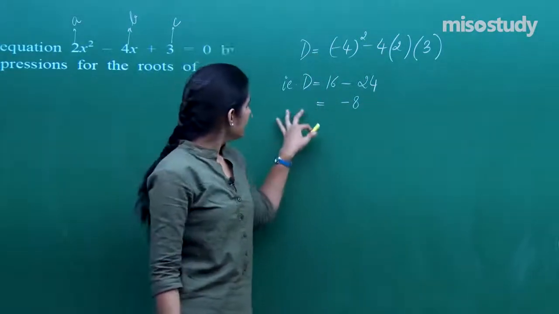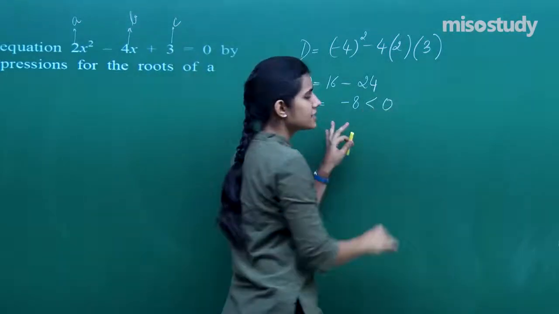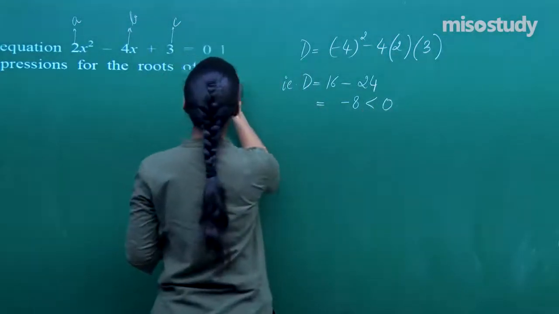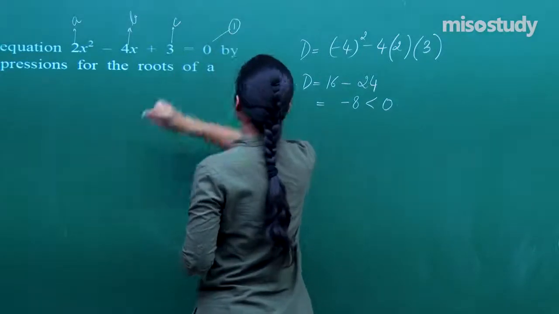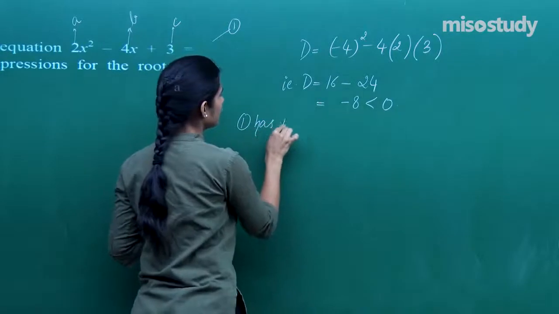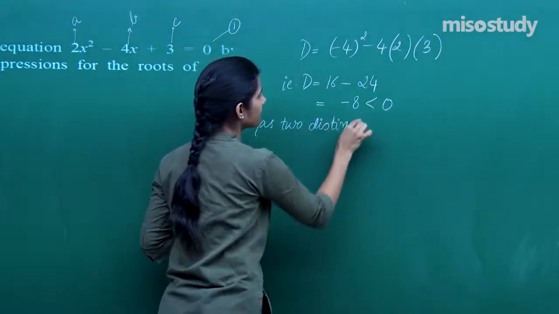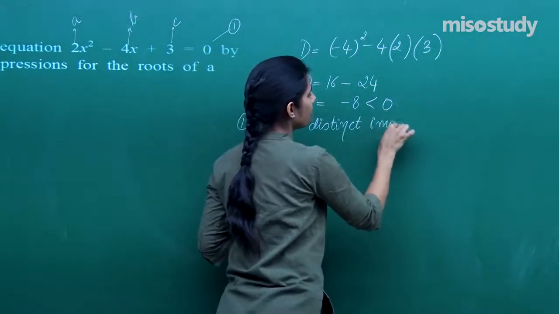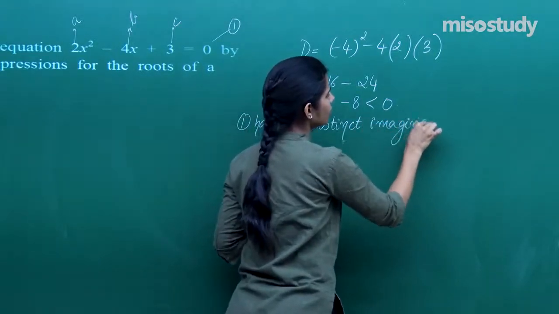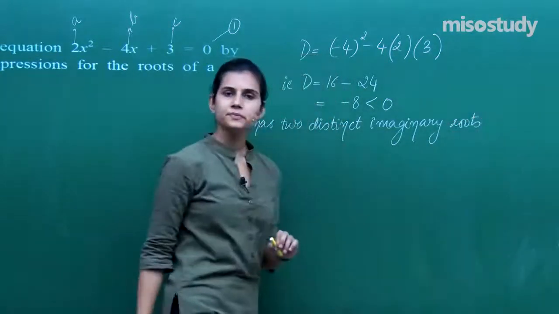Clear? If the discriminant is minus 8, this is again less than 0. If I say this equation is equation number 1, in this situation, 1 has 2 distinct imaginary roots. There will be no real roots prevailing.